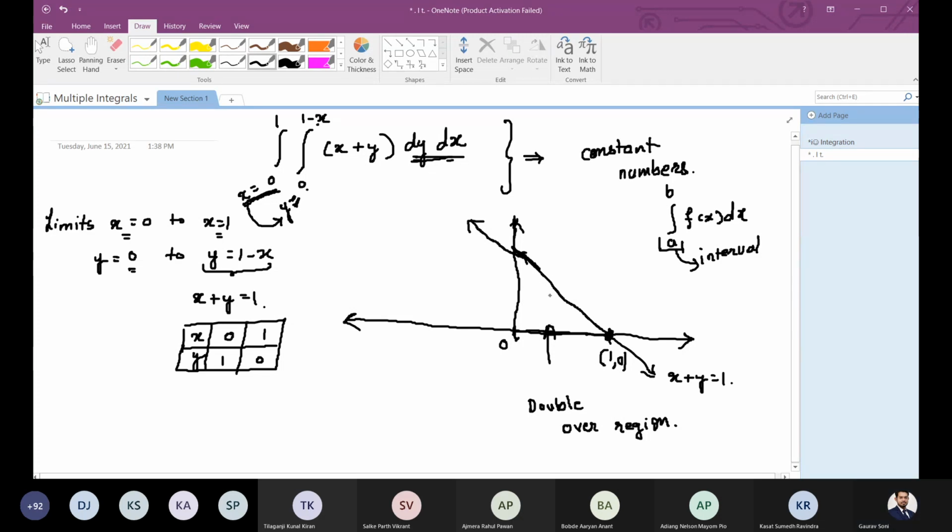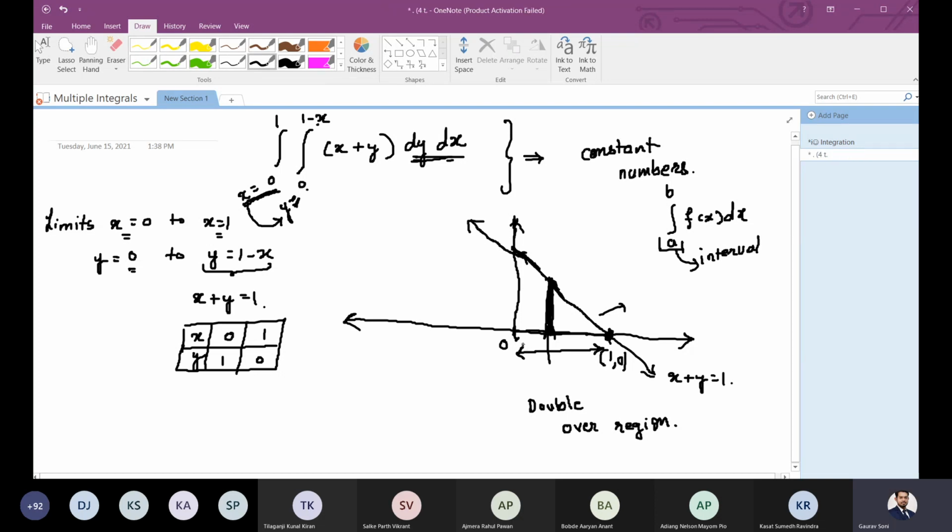So whenever I want to cover this region by this straight line, how are you going to move this vertical strip on the x-axis? The movement will be like this, and the length of this strip will depend on its distance from the x-axis to this line.